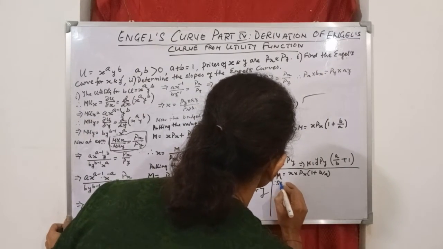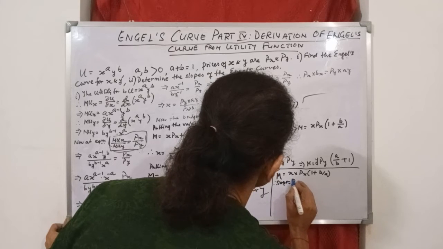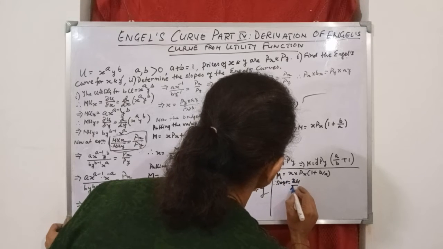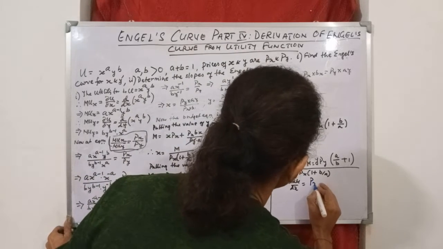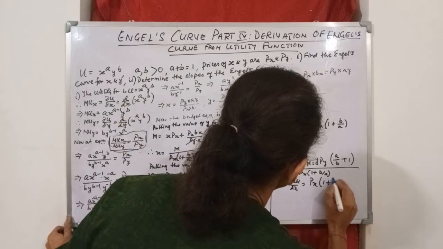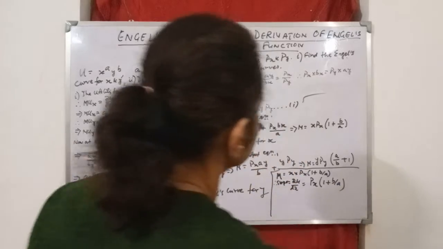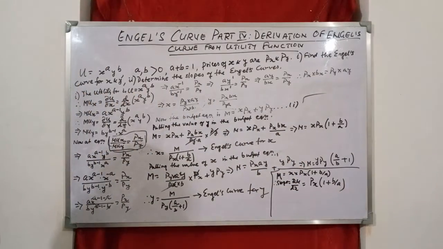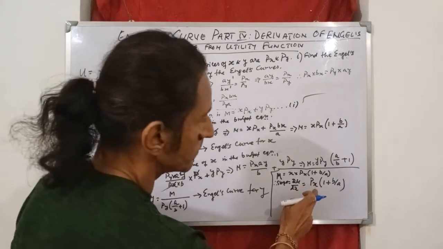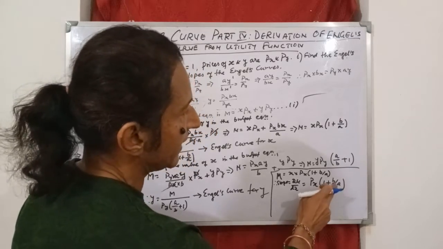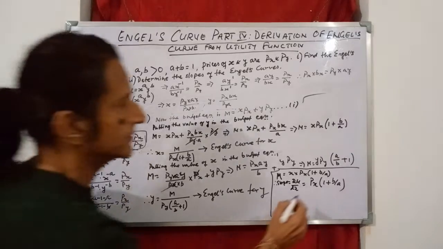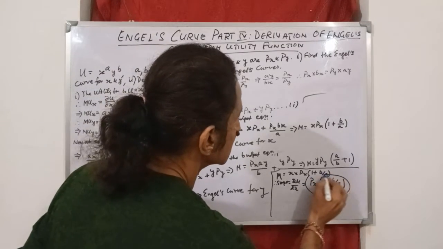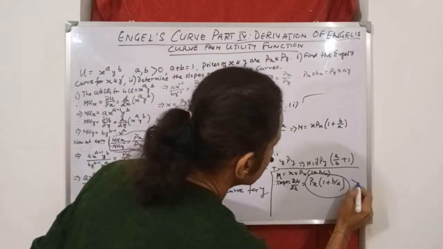Therefore slope is equal to dm dx equals px within bracket 1 plus b by a. So px is positive, a and b are positives. Therefore this is positive, this is greater than 0.